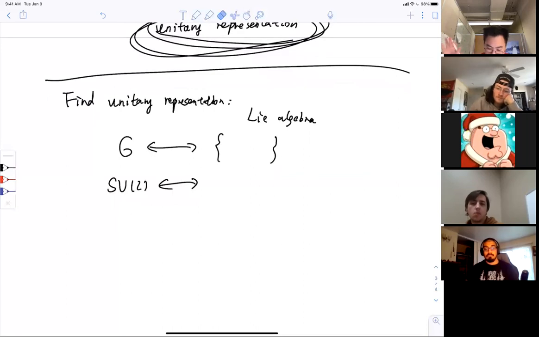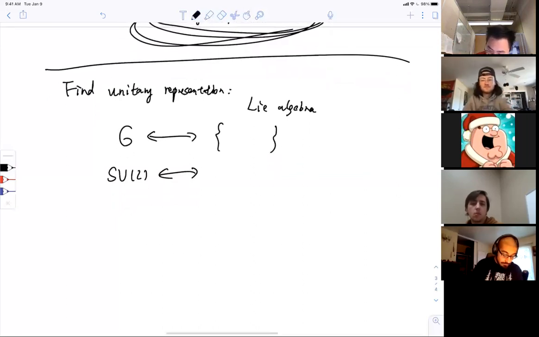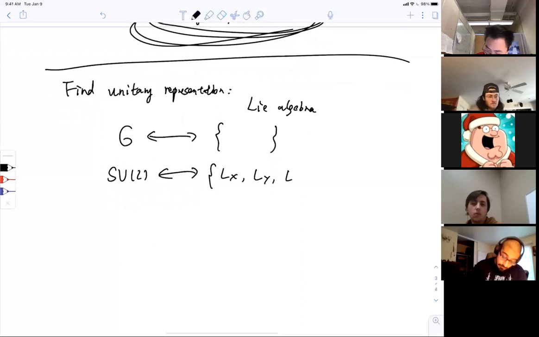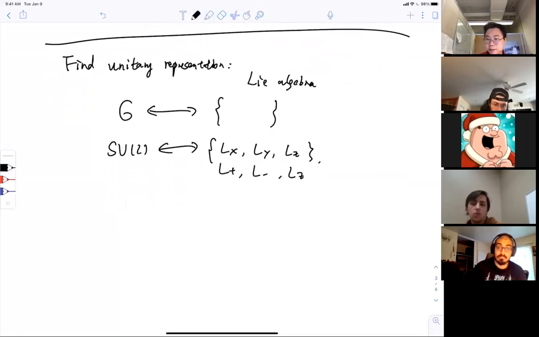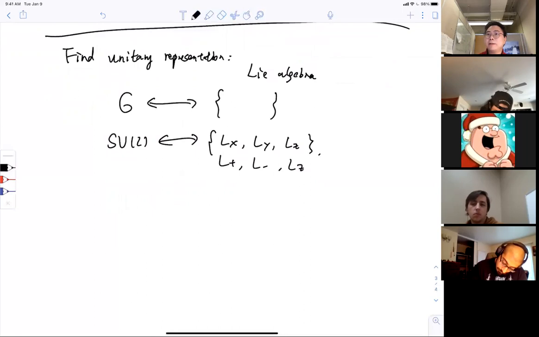But okay, let's forget about that. We know the Lie algebra has 3 independent generators, Lx, Ly, and Lz. Of course, you can write them as L plus, L minus, Lz. It doesn't matter, it's just a linear mixing of Lx and Ly.